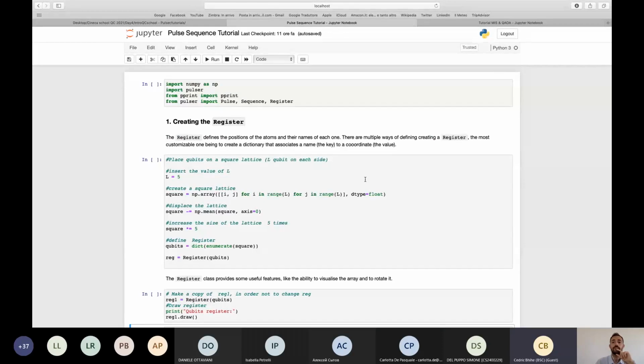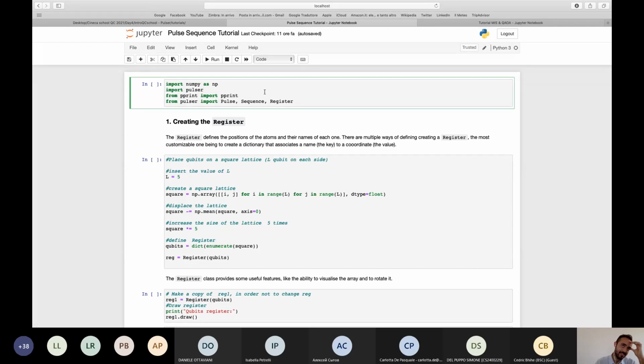Sorry, Ricardo. Do we actually need to clone the GitHub repo to be able to run the IPython notebook? I suppose we do. If you're doing it locally, yes. Actually, I don't remember.